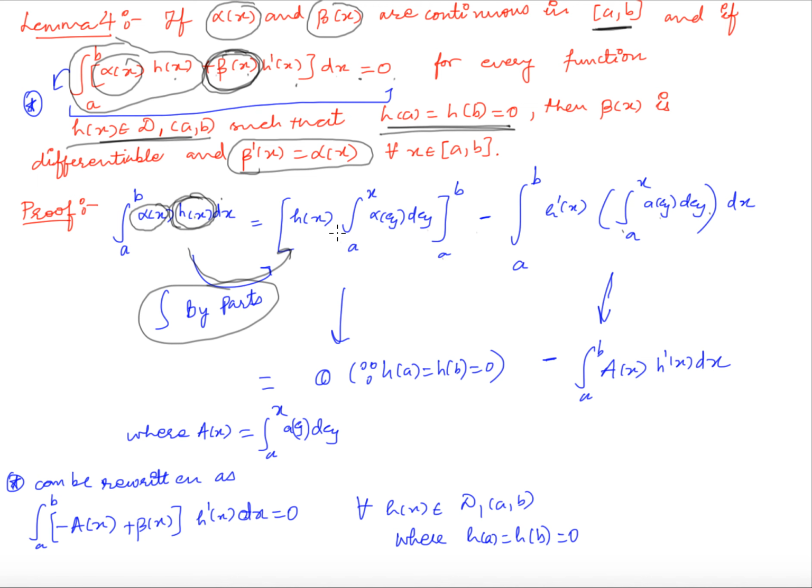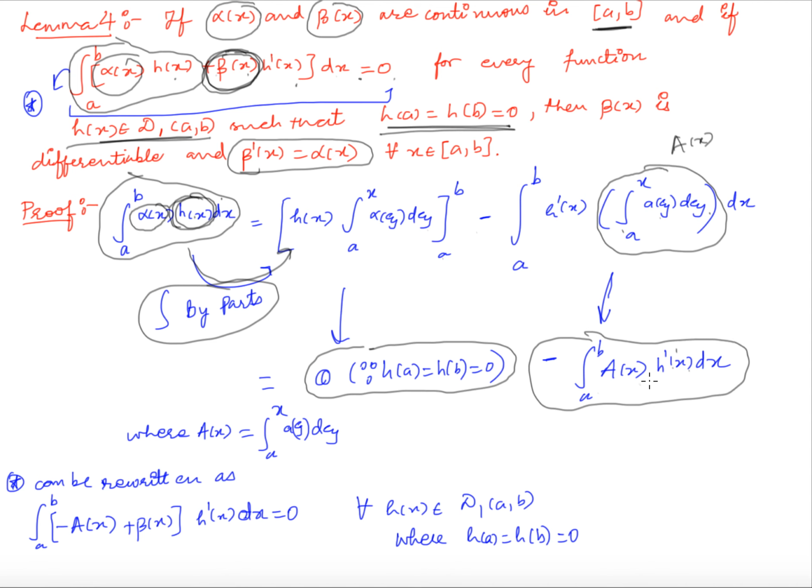H of b is 0 and h of a is equal to 0, right? Therefore this first quantity is equal to 0. And what is this? You assume that this quantity is A of x. Then this is equal to minus the integral from a to b of A x h dash x dx, right? So this term can be replaced with minus the integral from a to b of A x h dash x dx.